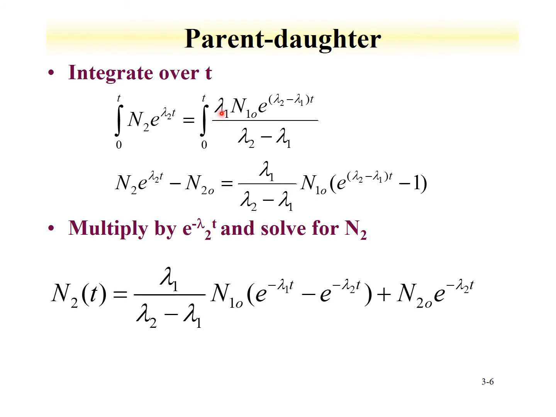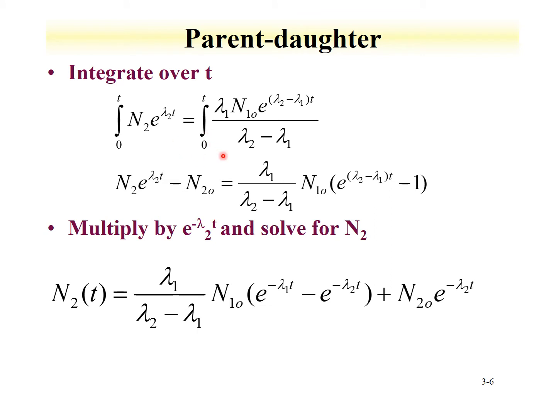So let's integrate what we see here, lambda 1 N1 naught e to the lambda 2 minus lambda 1 times t, divided by the difference between lambda 2 and lambda 1.